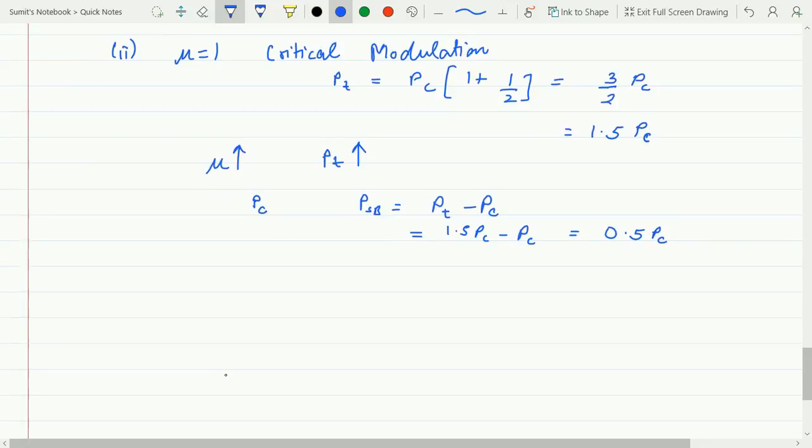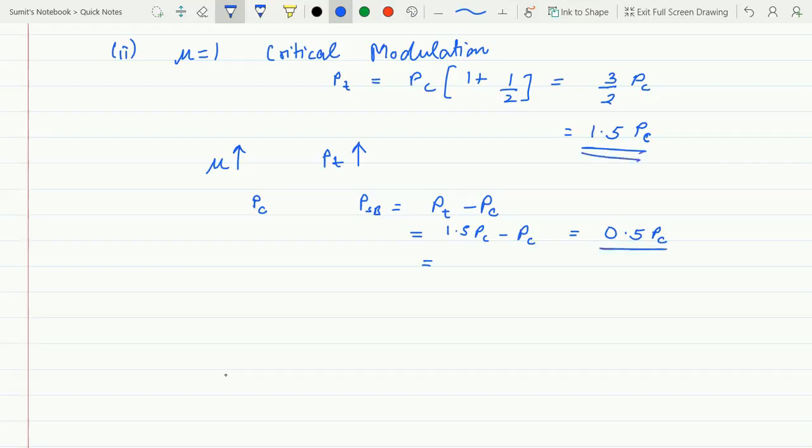Because your total power is 1.5 PC and the sideband is 0.5 PC, you can say it is 1/3 of the total power, or 33.3% of the total power is your sideband power.